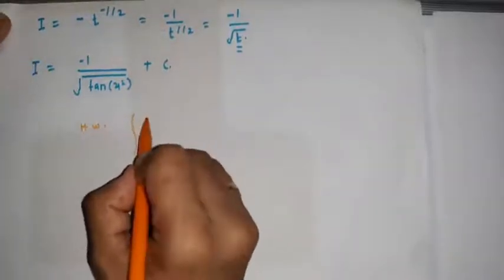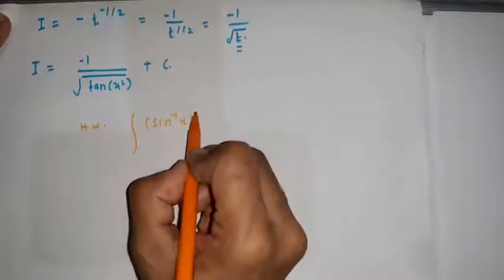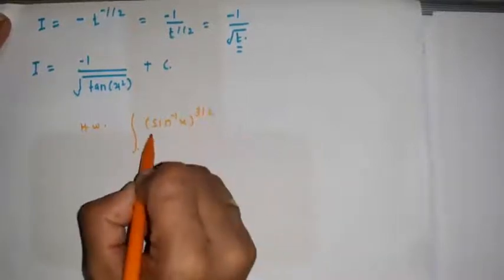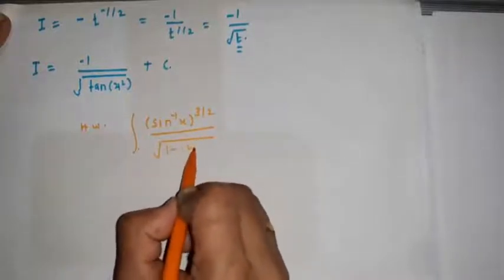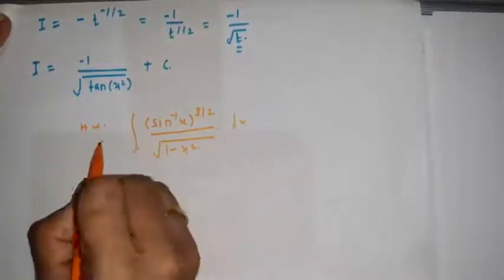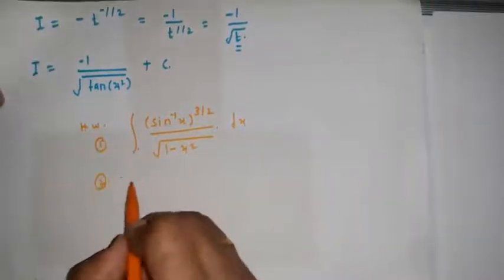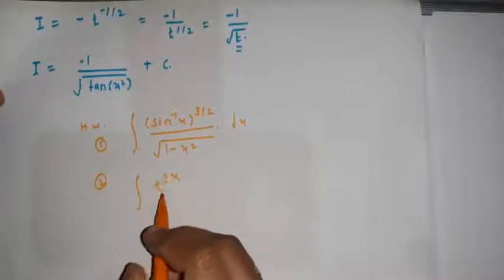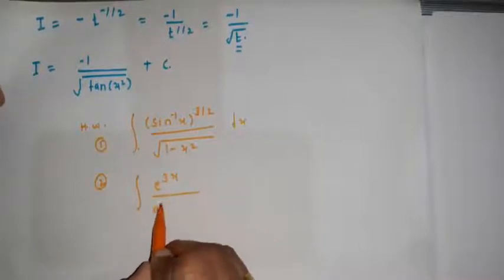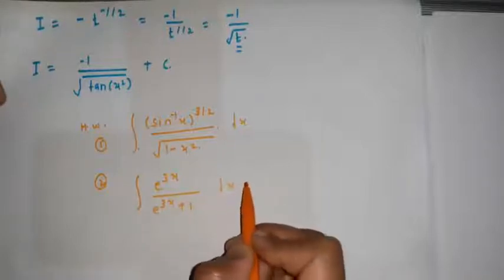That is, evaluate sine inverse of x raised to 3 by 2 upon square root of 1 minus x square with respect to x. This is the first problem. The second problem is evaluate integration of e raised to 3x upon e raised to 3x plus 1 with respect to x.